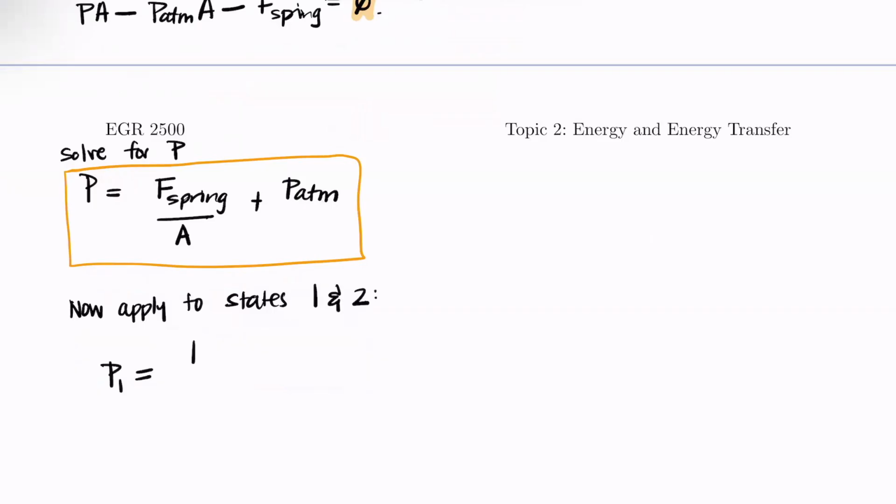P1 is going to be force of the spring at state 1 divided by A plus P atmosphere, which is, we have 900 newtons as our initial force on the spring, divided by 0.018 meters squared.